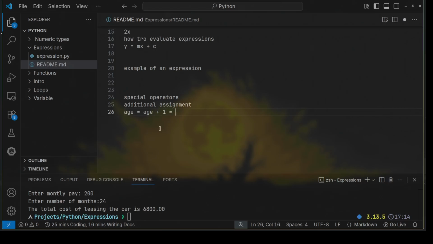We will say age plus is equals to 1. That's clear. Those are among the special operators.